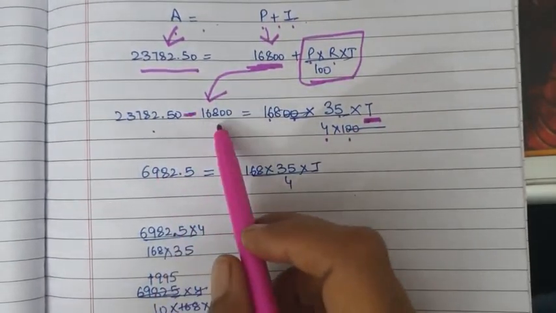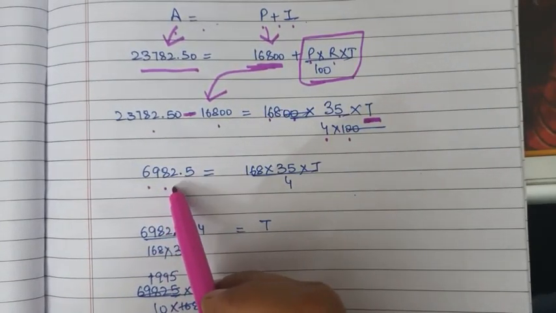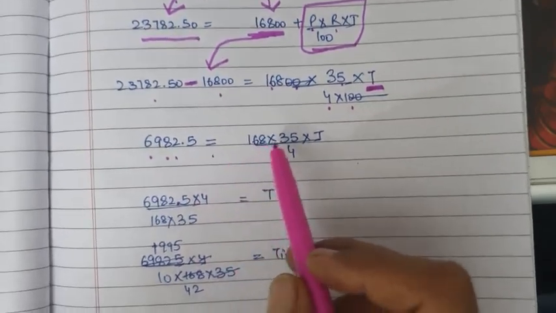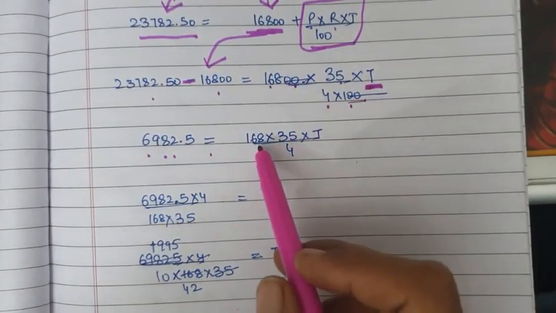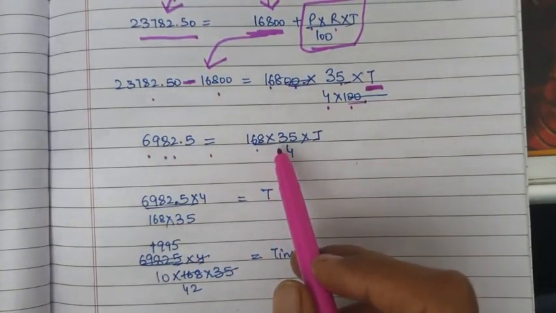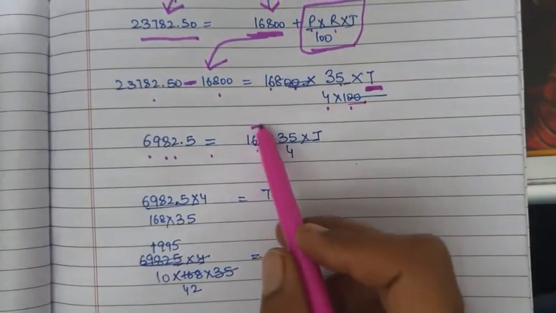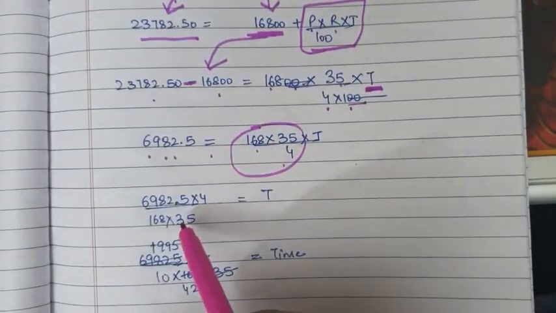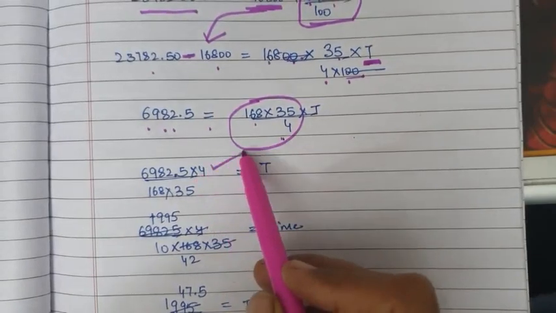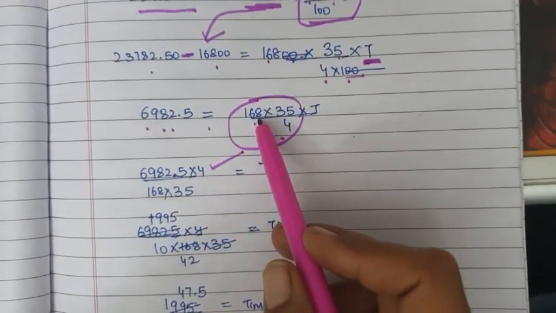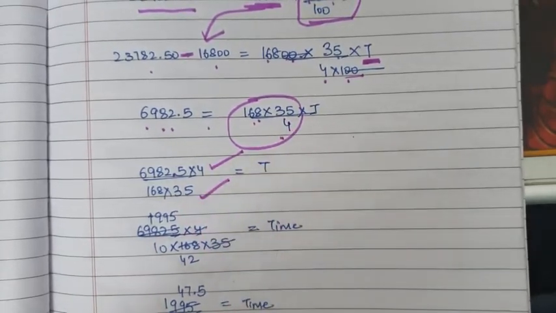So now on subtraction, we get 6,982.5 is equal to, the 2 zeros cancel with the 100, so we get 168 into 35 into time upon 4. Now shift all the numerical values to that side. 4 in the denominator, it will go in the numerator. 168 and 35 in the numerator will go in the denominator.